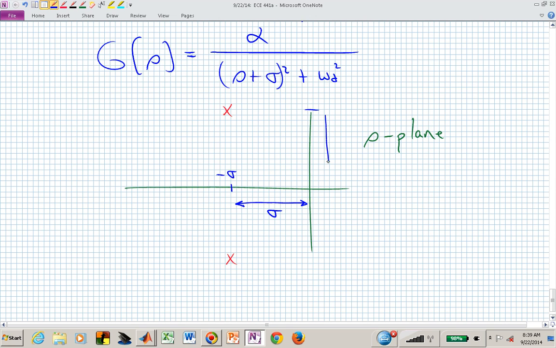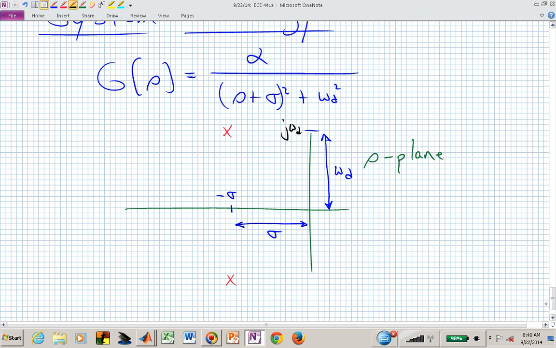This vertical distance, or the imaginary part, is omega sub d, so that this location is j omega sub d. And a lot of times we don't even look at the bottom half. We just cut off and look at the top piece.